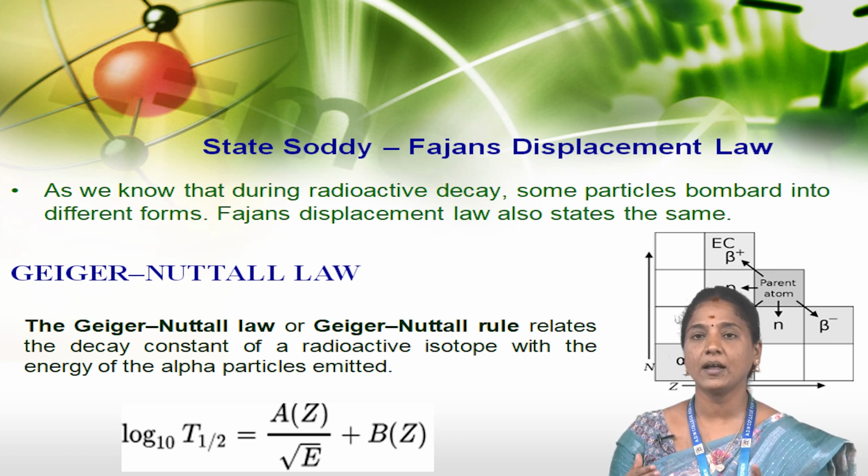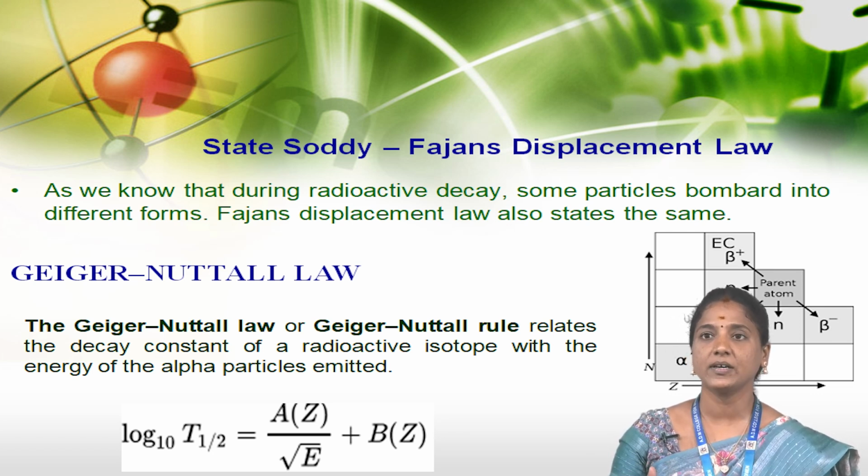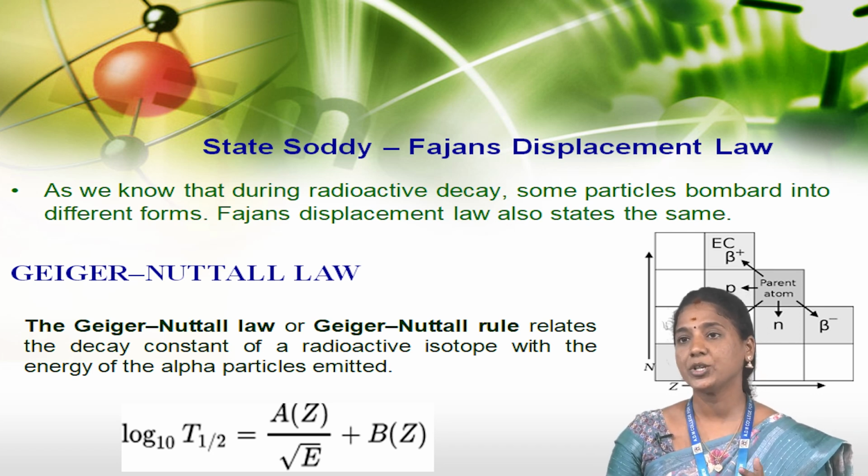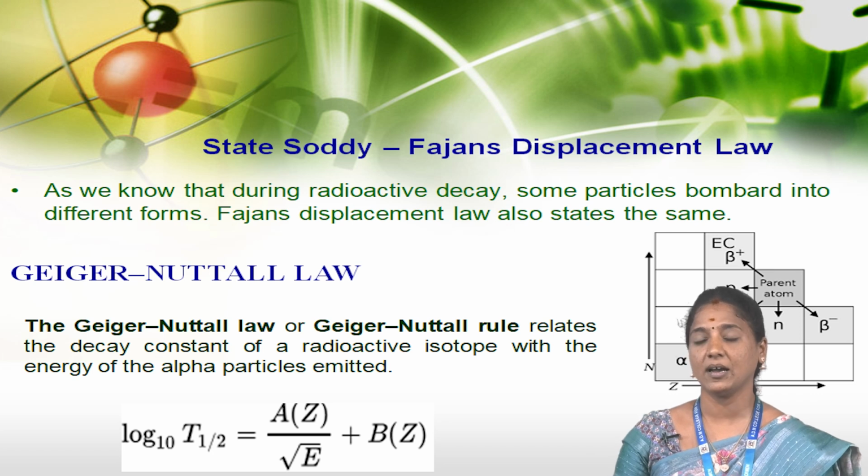It was formulated in 1911 by Geiger and Nuttall as a relation between the decay constant and the range of alpha particles in air.